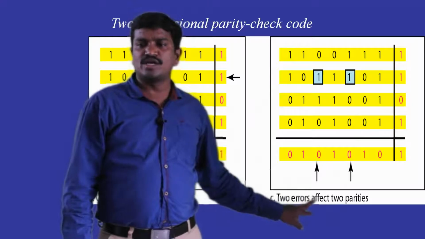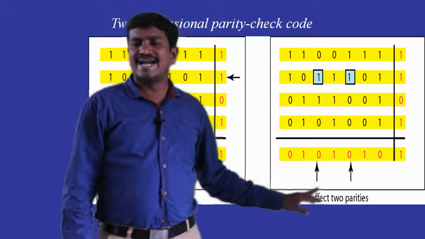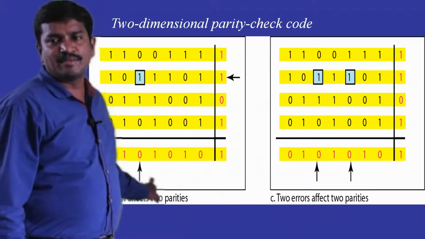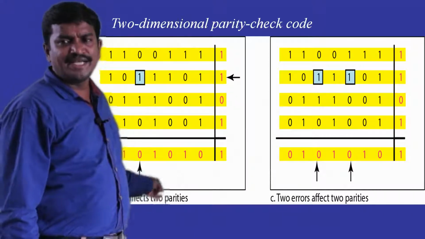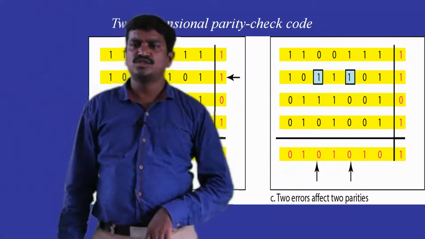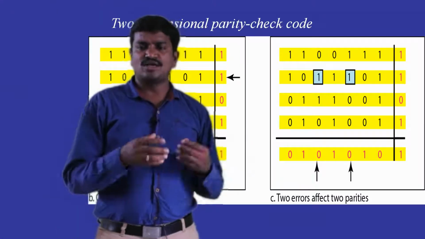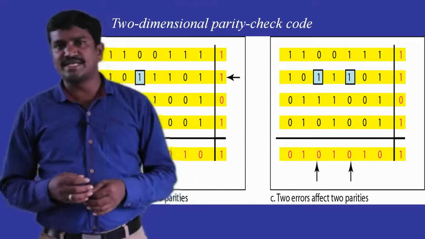Two errors can be caught by identifying the changes in the column parity, and a 1 bit error can be identified by the changes in the column parity as well as the row parity. This way parities are affected when the content of the table is changed. So up to 2 bit errors it is working well.